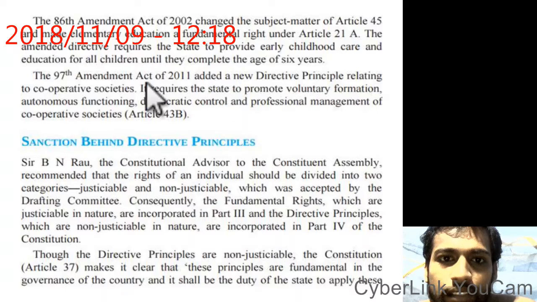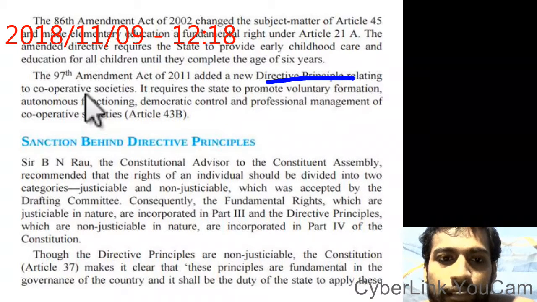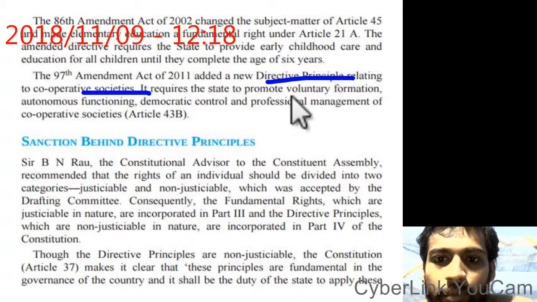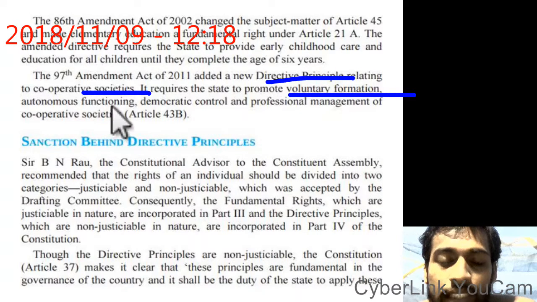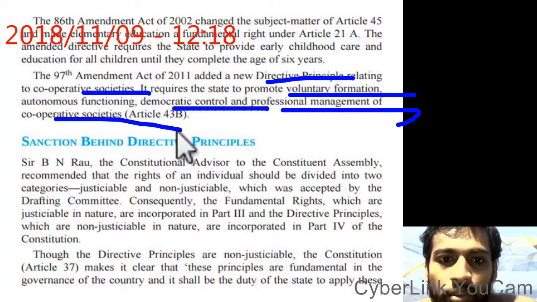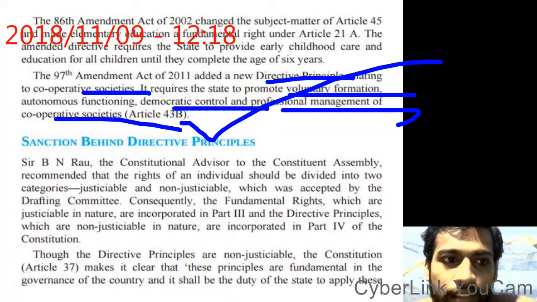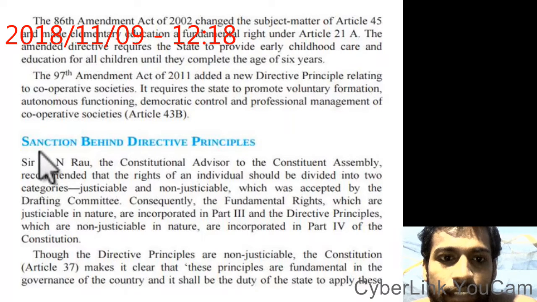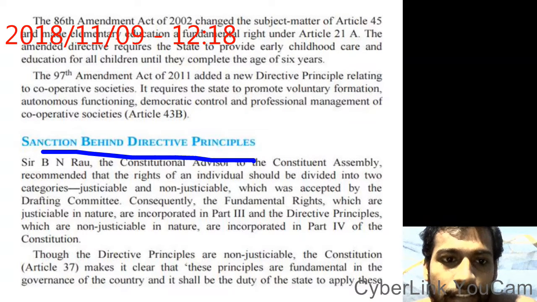The 97th Act added a new directive principle requiring the state to promote voluntary formation, autonomous functioning, democratic control and professional management of cooperative societies.